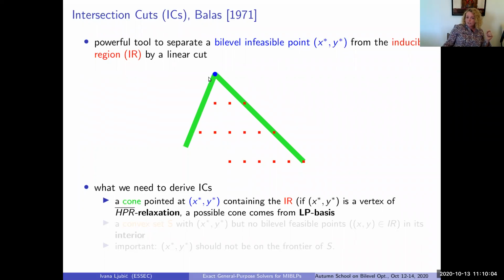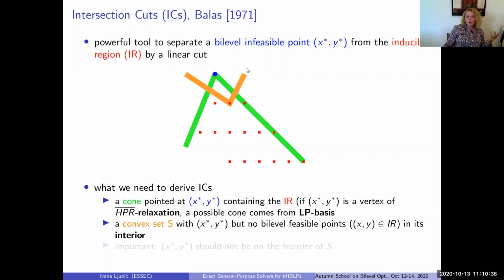And for the intersection cut, what you need is a cone which is pointed at the infeasible point. And this cone has to contain all feasible solutions inside, okay? And the natural choice for taking this cone would be a cone that you obtain from the LP relaxation, from the LP basis, okay? On the other hand, you also need a convex set which does not contain feasible solutions.